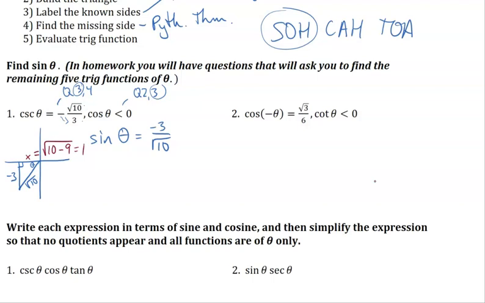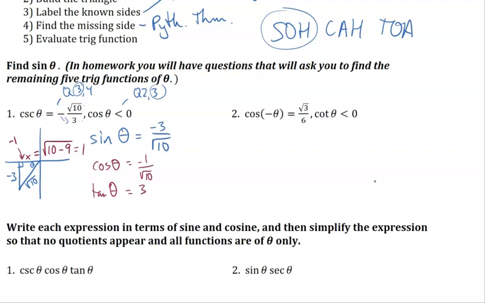So x is equal to 1, but actually since it's going to the left, this side is -1, okay? So then if I was filling in the rest of them, I would do cosine theta equals -1 over root 10, tangent theta equals opposite over adjacent, -3 over -1, which is just 3, etc.